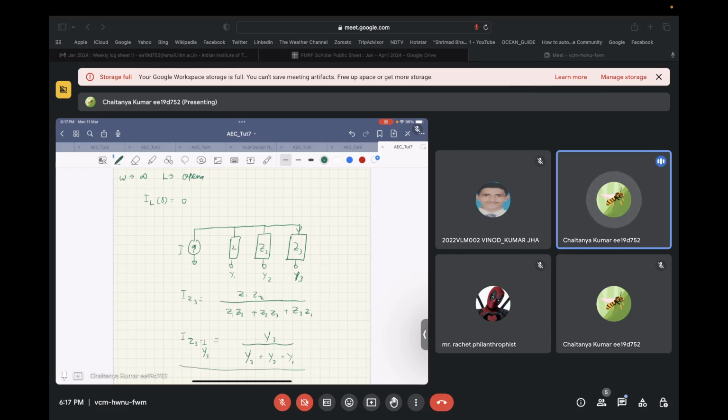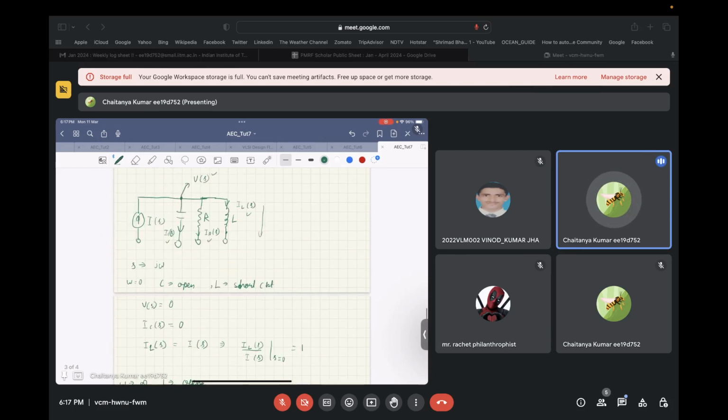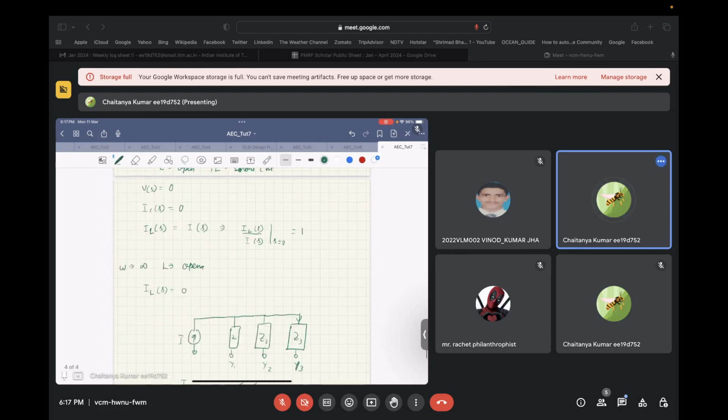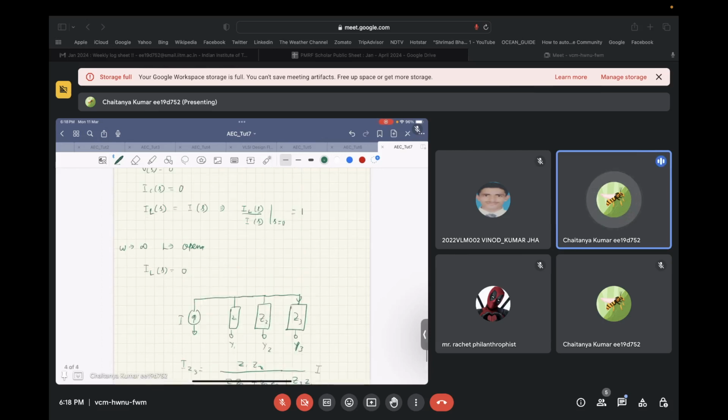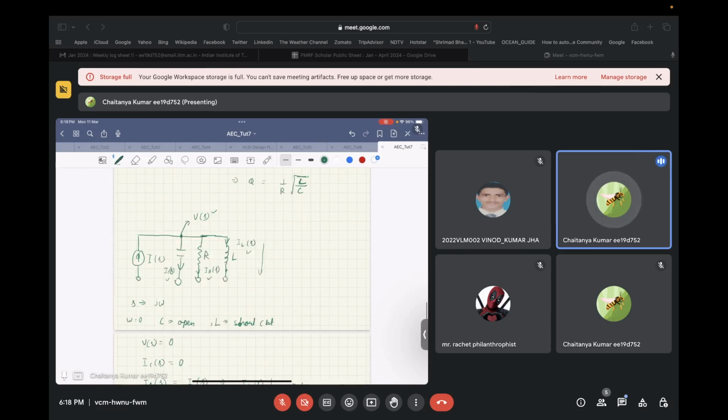So using this formula, if we try to find the transfer function from input current to the inductor current, our transfer function I_L(s) divided by I(s) is basically this fraction times I. So I_L(s) by I(s) is equal to the inductor admittance or conductance.